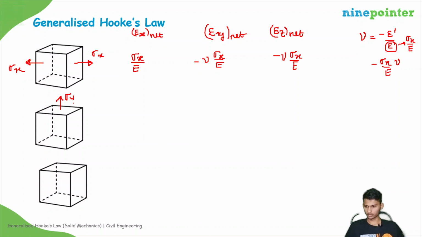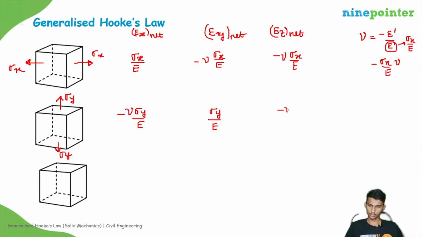Now in the y direction, sigma y, epsilon y will be sigma y divided by E. Now here it will be sigma y divided by E, right?